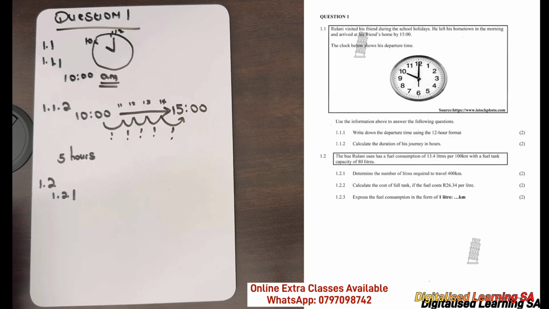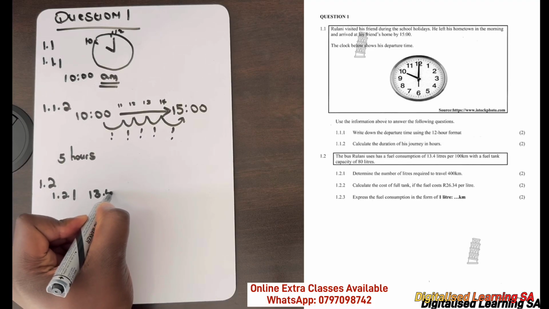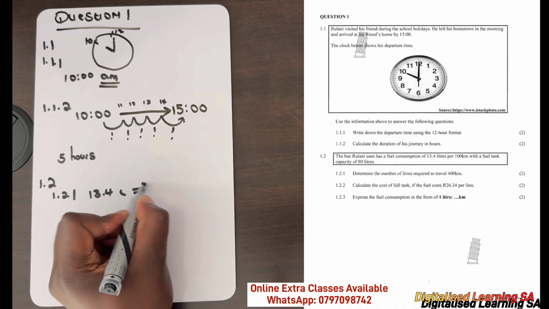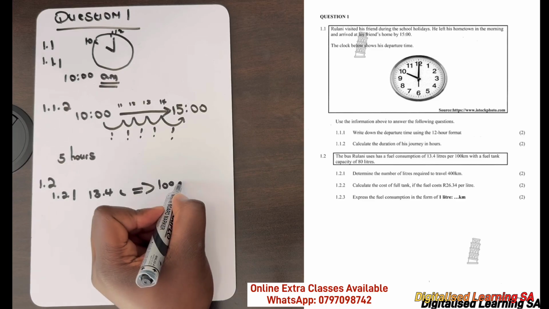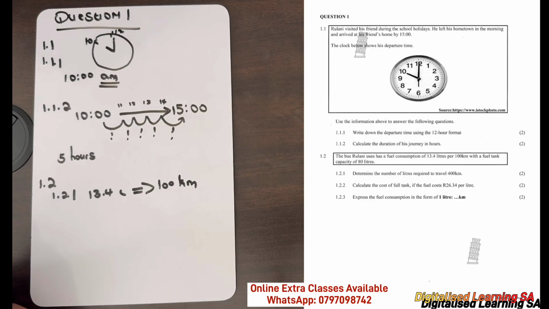So we know that if the bus is traveling 100 kilometers, it needs 13.4 liters of fuel. So 13.4 liters equates to 100 kilometers, and the question is saying determine the number of liters required to travel 400 kilometers.